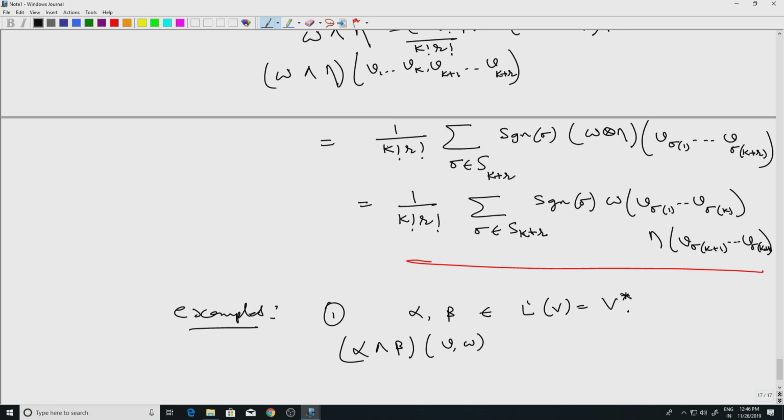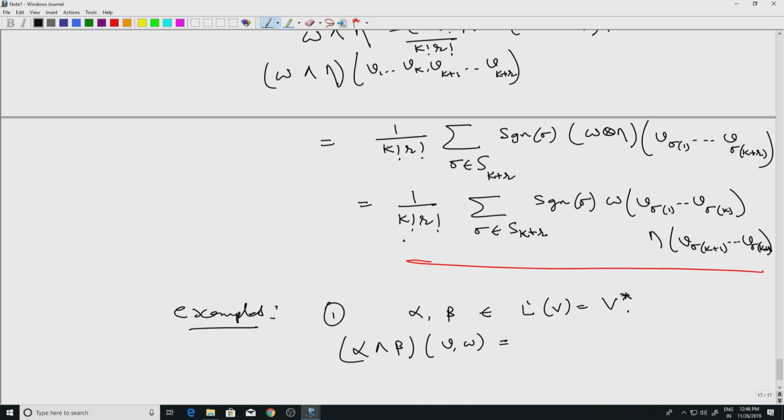Now if I just go by definitions, I can use the last expression here. Both k and r are 1 here, so the constant in the definition of omega wedge eta does not play a role. And k plus r is 2, so essentially I'll be looking at the symmetric group on two letters, and there are two permutations.